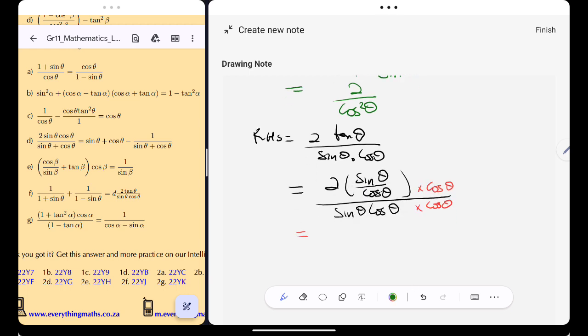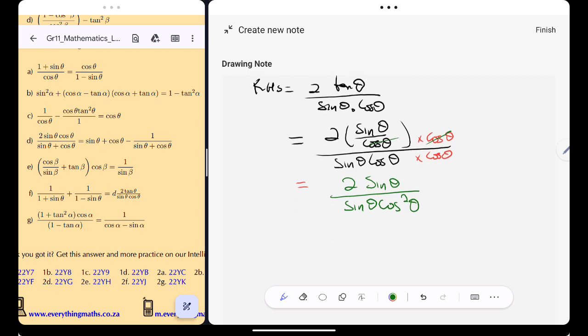So I'll simply multiply both the top and bottom by the LCD. Whenever I do that, I'll be left with 2 sine theta, because this will cancel this, all over sine theta cos theta times cos theta, which will give us cos squared theta, right? But please note, guys, that this guy and this guy will cancel one another.